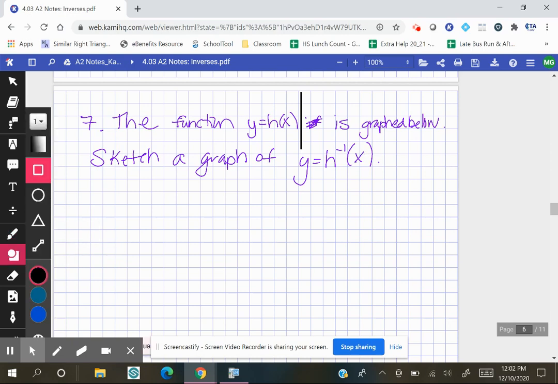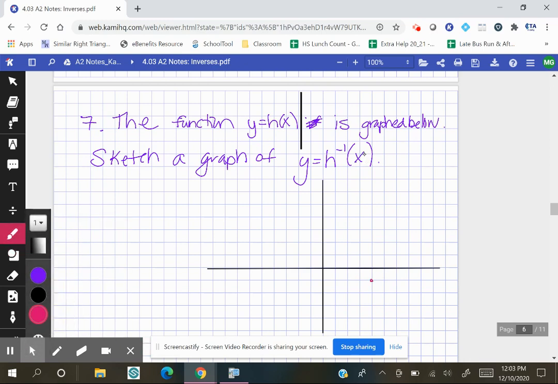So first, let's draw on our axes. Your h of x has the points 1, 2, 3, 4, negative 1, negative 1, negative 2, negative 4, negative 3, and one more, negative 5, negative 4.